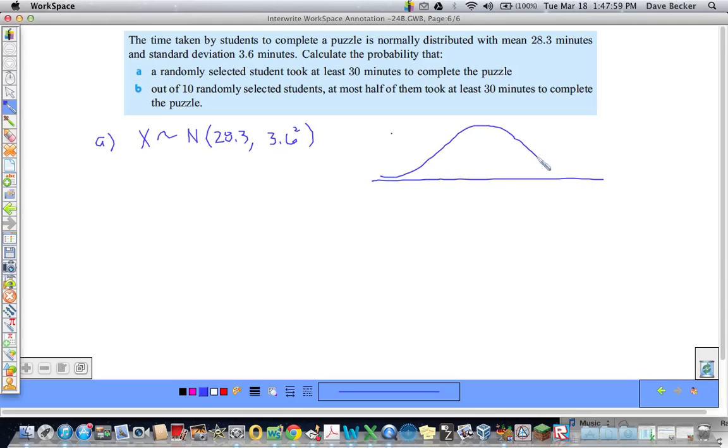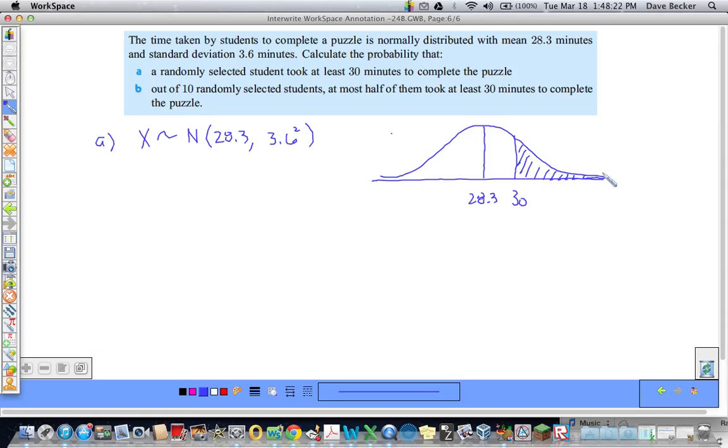Of course I will do awesome because I am awesome. And the mean right here is 28.3. And we are interested in, let's say 30 here, everything to the right of 30, including 30. So we just have to find the area under that curve.